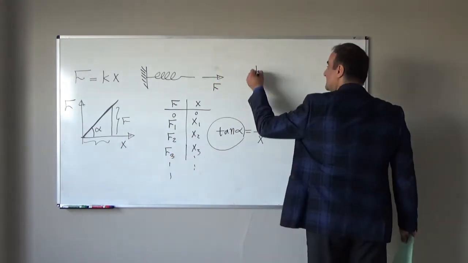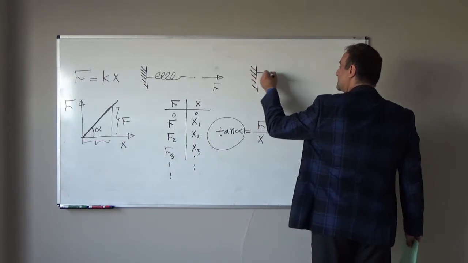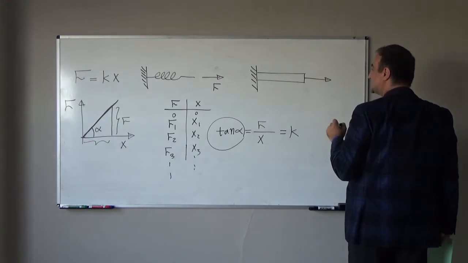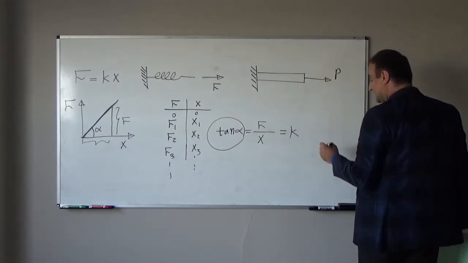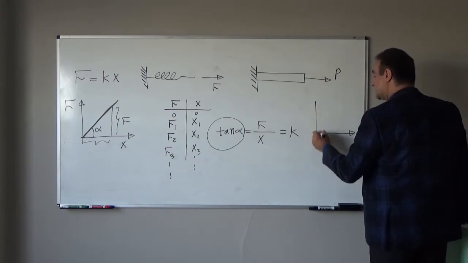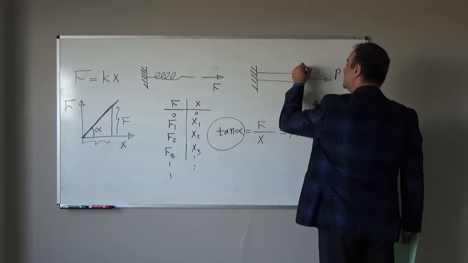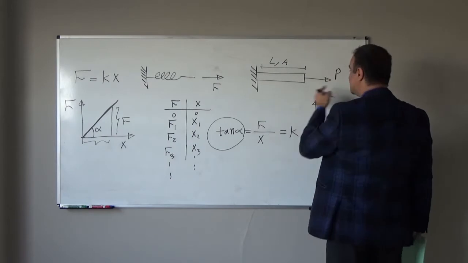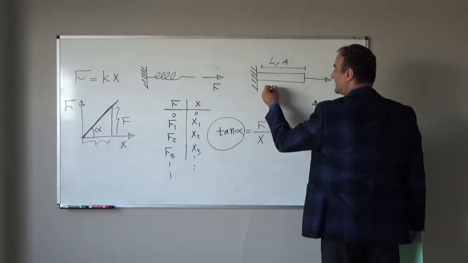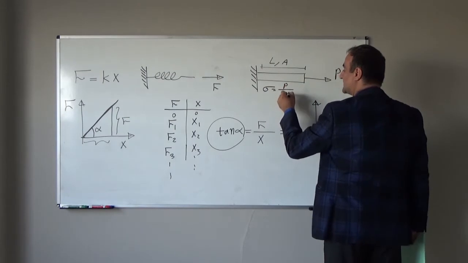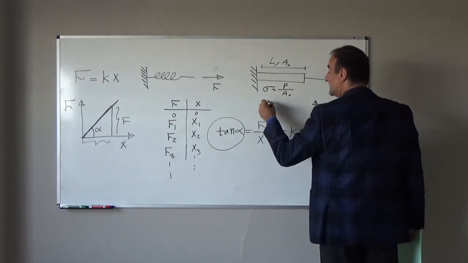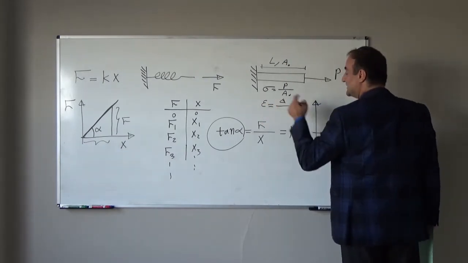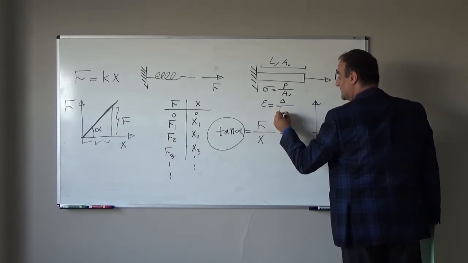We have very similar behavior if we have a bar or rod subjected to axial force in the centroid, and if we apply force and we know the length and the cross-sectional area. In each step we are applying force, we can calculate stress, force divided by initial cross-sectional area, and we can define strain as the deformation in each step divided by initial length.